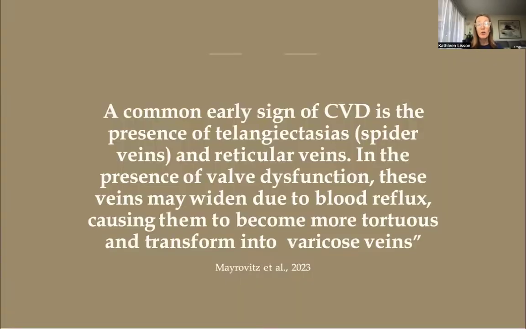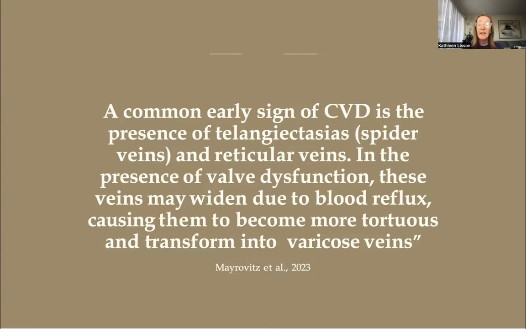A common early sign of chronic venous disease is the presence of telangiectasias, those spider veins, and reticular veins. In the presence of valve dysfunction, these veins are going to widen due to blood reflux. So the blood is going to reflux because of the venous disease, and then the veins are getting wider because there's so much blood reflux, and that causes these veins to become more tortuous and eventually transform into varicose veins.